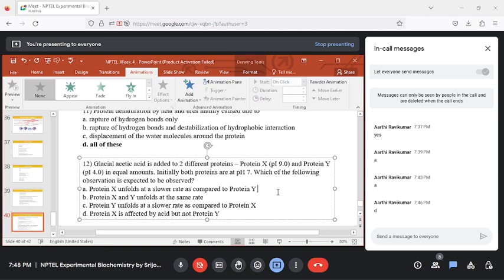At lower pH, since the other residues in X will also get protonated, the net intermolecular repulsion due to similar charges will increase as compared to Y, and this will lead to rapid unfolding of X. So option C is correct, where protein Y unfolds at a slower rate as compared to protein X.